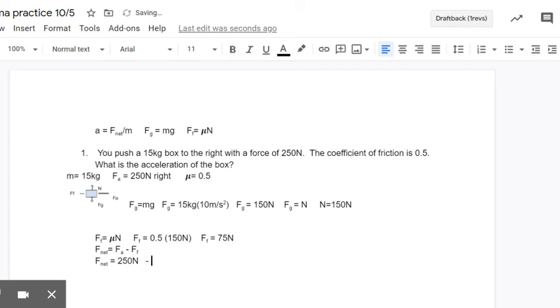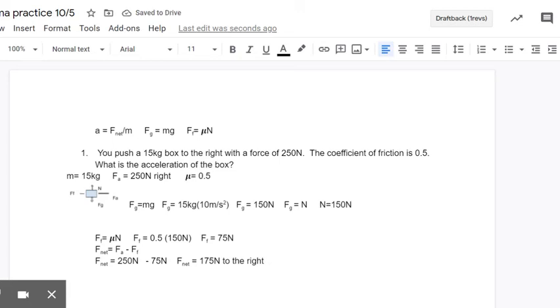My force of friction, we just said, was 75 newtons. 250 minus 75, that is going to give me 175. So my F net equals 175 newtons to the right.